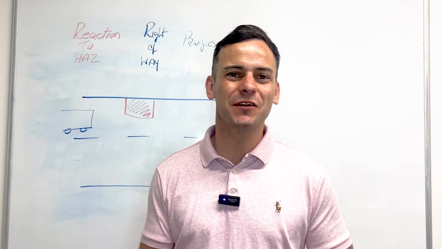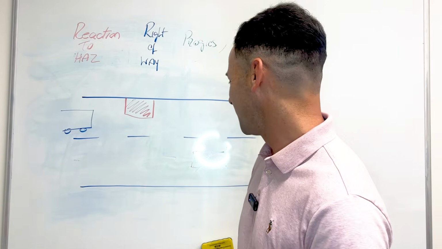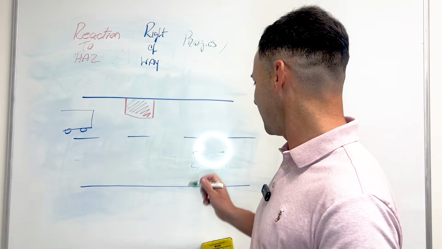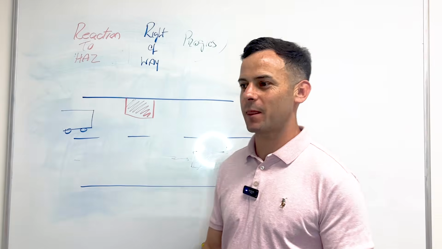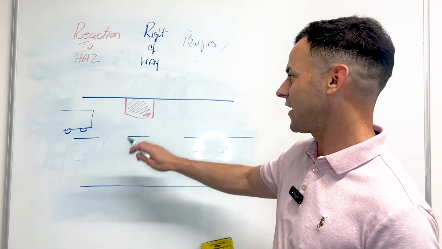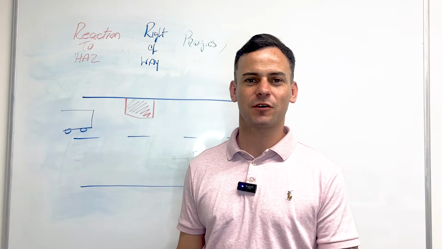The next example I'm going to show you is when there's a car parked on the left and what to do. We're the green car. For some reason the green markers are very poor. We're driving down this direction, looking ahead, and we can see a car parked on the opposite side of the road, also with oncoming traffic.